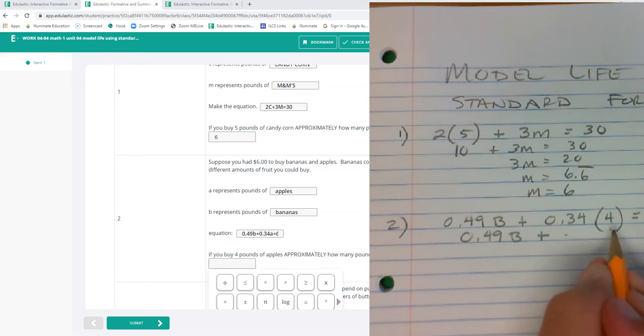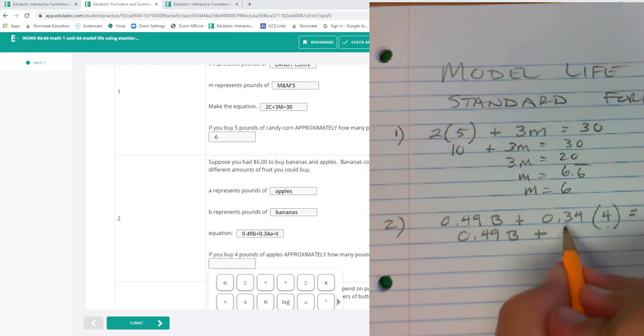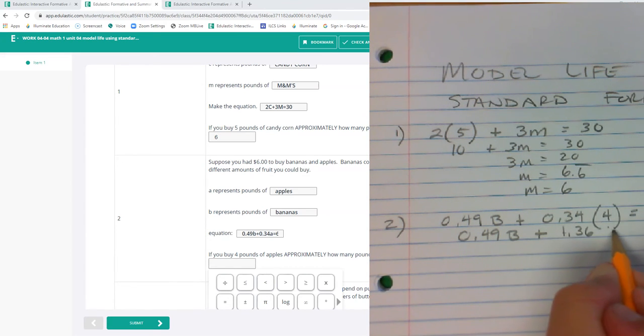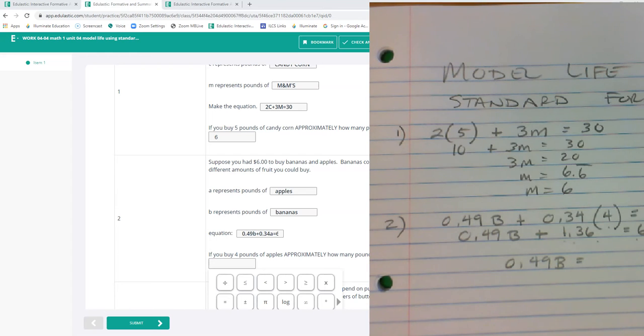I'm going to multiply those two numbers. So this is $1.36 on apples. Subtracting this from both sides. So subtracting 6 minus $1.36.